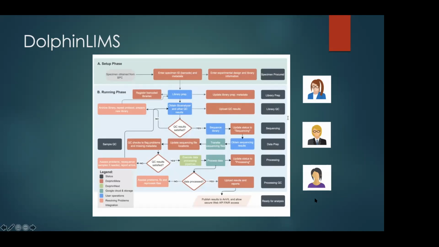If the bioanalyzer results are good, everybody can access the information and follow up the samples. And when everything is fine, for example, the data QC and pre-processing QC results are satisfactory, then the data can be processed and the results can be sent to the bioinformatician for analysis, or you can do your own analysis yourself and update the status.